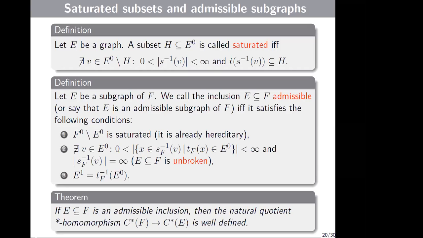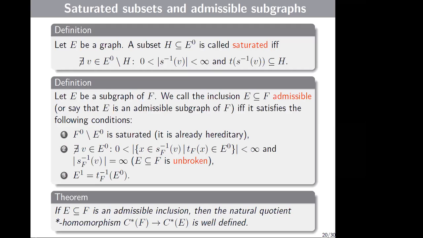In other words, if you want a good example, it's too complicated to use this whiteboard, so try to imagine, it's very easy. Imagine that you have a graph with two different vertices and two edges. One edge goes from V to W and another edge goes from V to W, okay? Then you might say, all right, why don't I take a subgraph in such a way that I don't remove any vertices, but I just remove one edge? It is a subgraph, all right. It satisfies all the definitions of the subgraph.